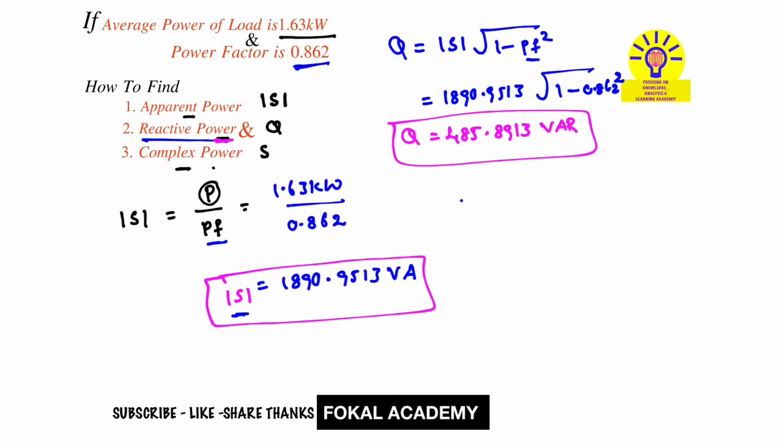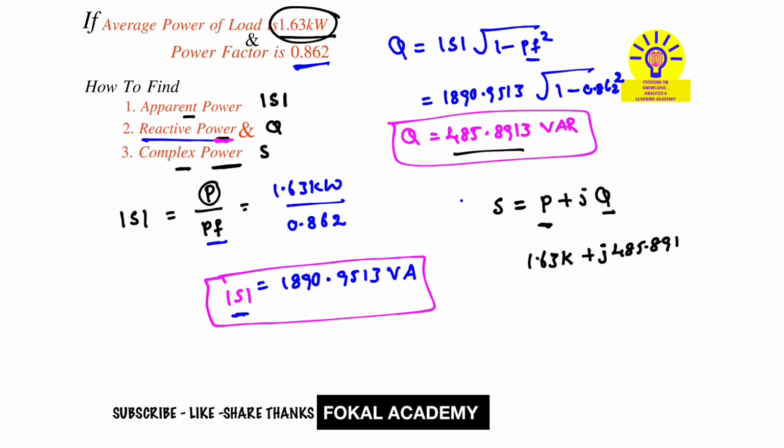Now how to find the complex power? Complex power S equals average power plus j times reactive power. So here average power P is given as 1.63 kilowatts plus j times Q, which we got as 485.8913.